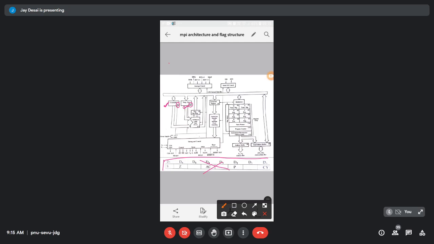You can say like STA, that is store the contents of accumulator, LDA, load the contents to the accumulator. If you want to do addition, then one data must be in the accumulator and the final answer comes into the accumulator. If you want to do subtraction, one data must be in the accumulator and the final answer is also stored in the accumulator.